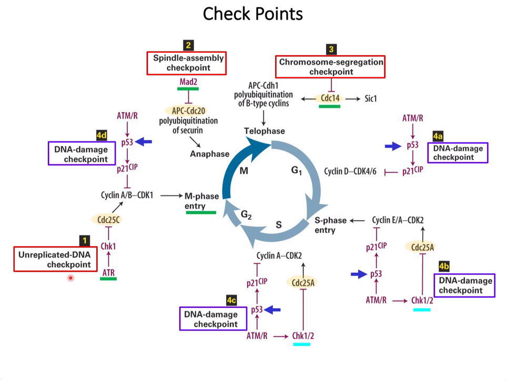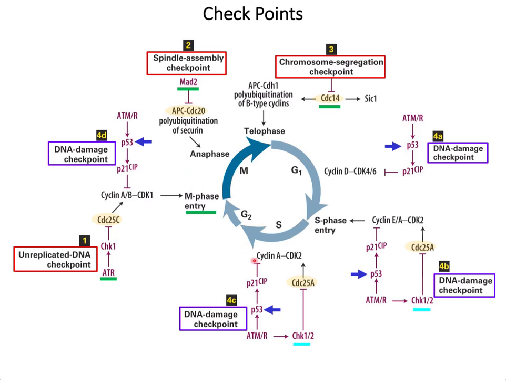It happens at the end of G2, right before the cell enters into the M phase. There is a spindle assembly checkpoint that happens in mitosis, that's number 2. There is a chromosome segregation checkpoint that also happens during mitosis, number 3. And then 4, DNA damage checkpoints that are scattered throughout the cell cycle. So let's look at each of these individually.